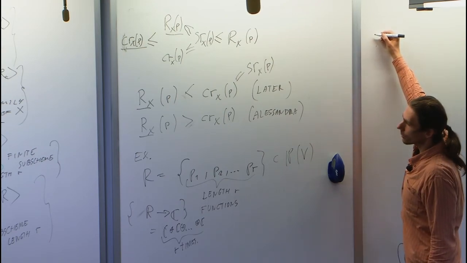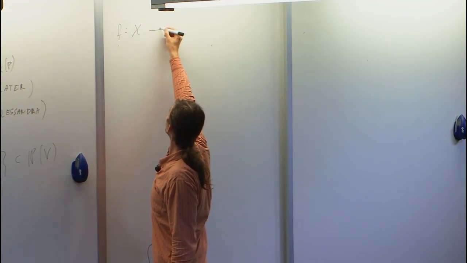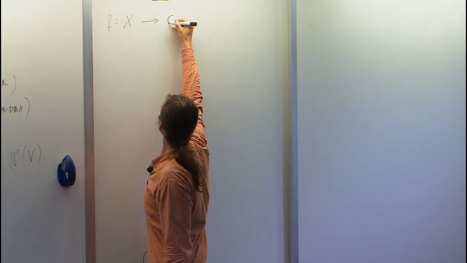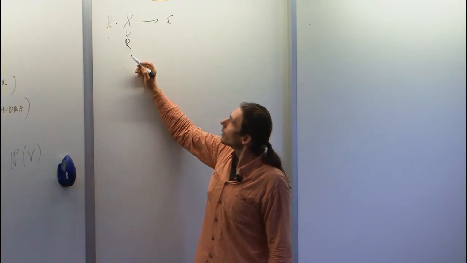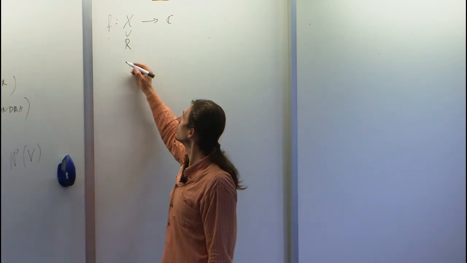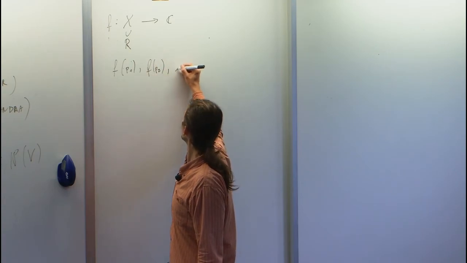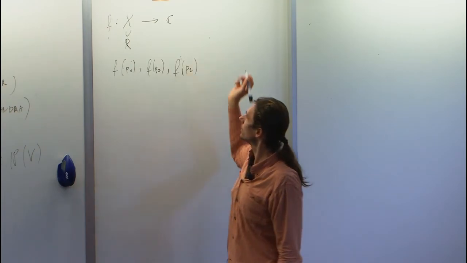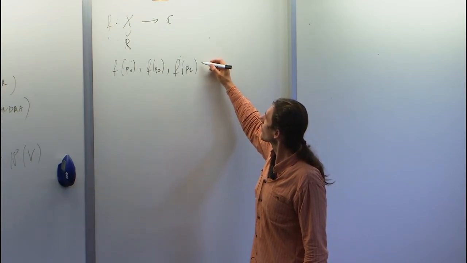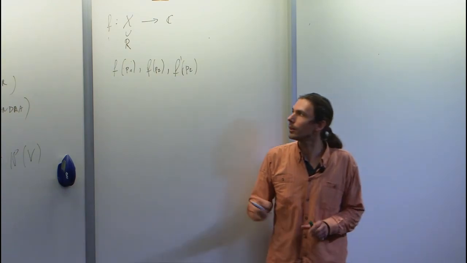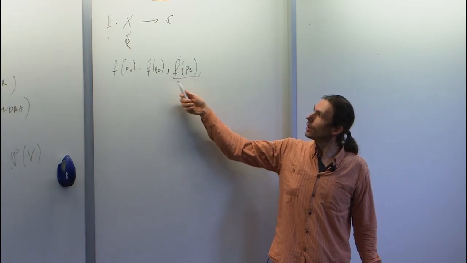For example, if we have a function from X or an open subset of X to the complex numbers, and we have this subscheme here, and we want to know the values of this function at the point P1 and f prime of P2, the first derivative of f at P2, for this we need to know at least dimension of X plus 2 values of some expansions of f.